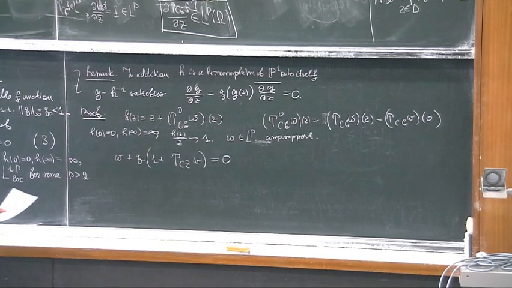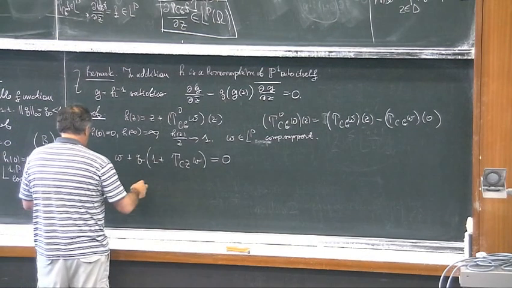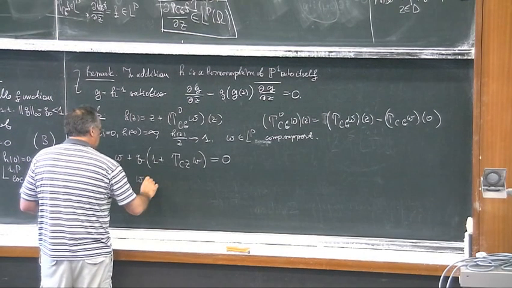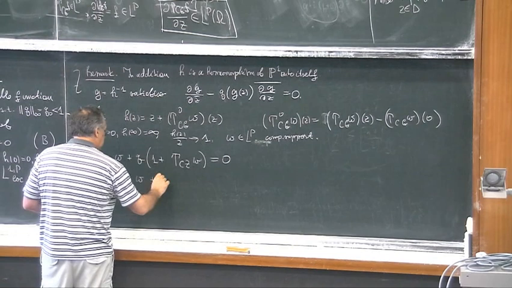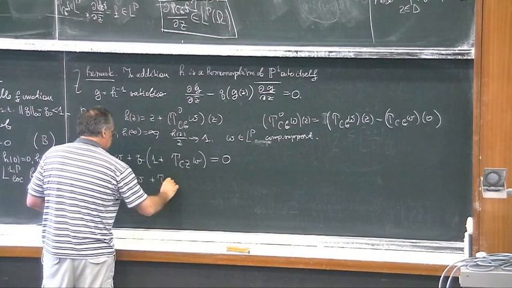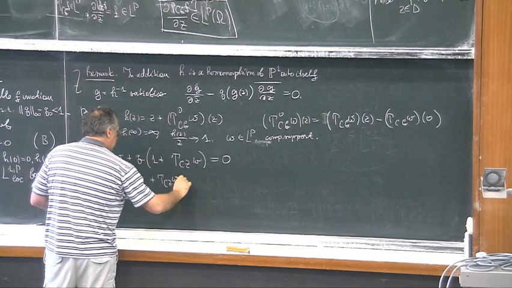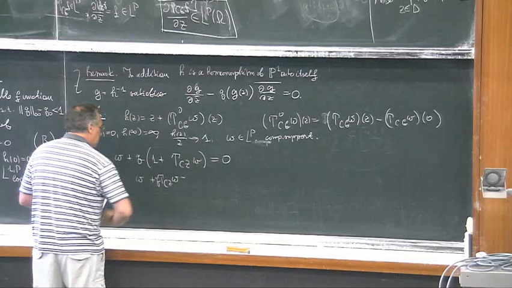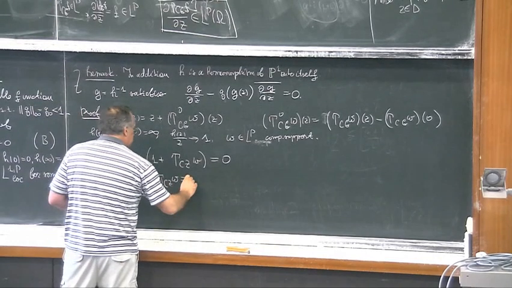Okay, or we have that omega plus Calderon-Zygmund of omega times q is equal to minus q.